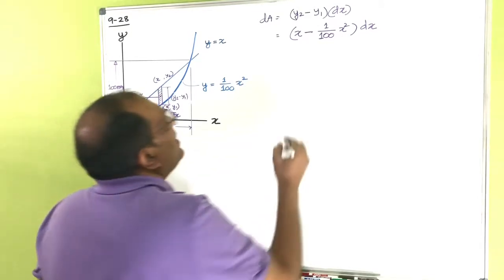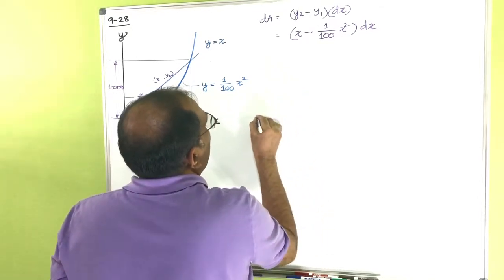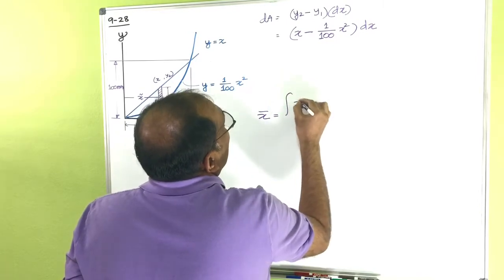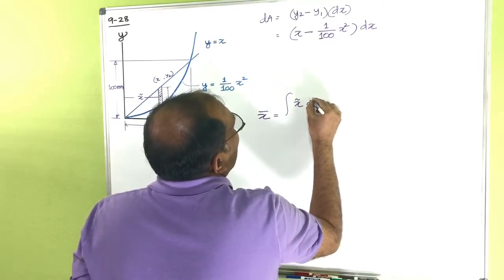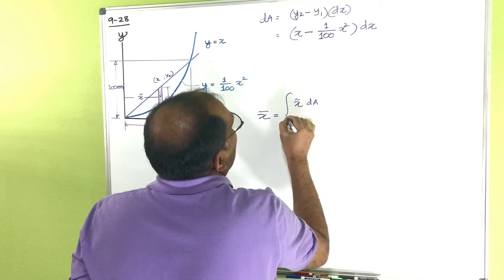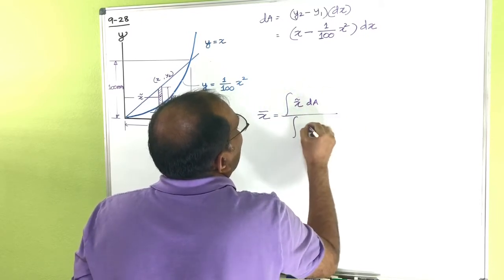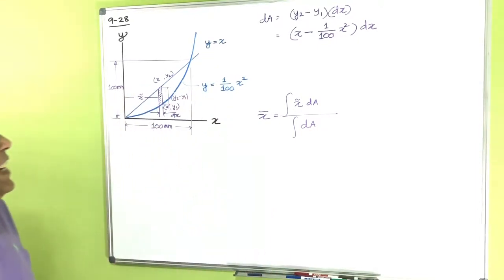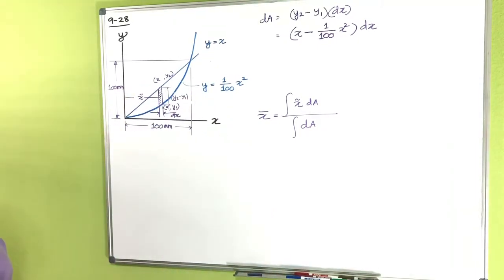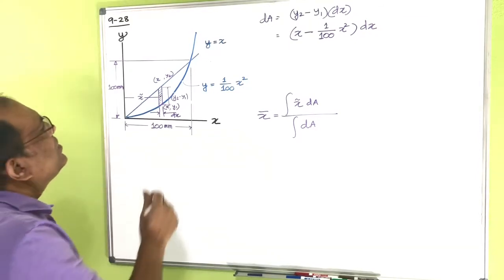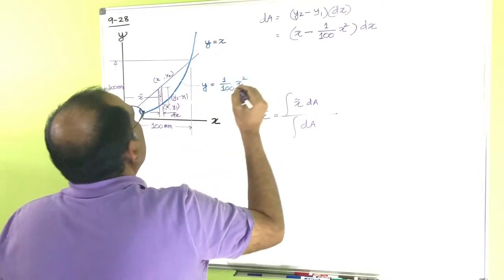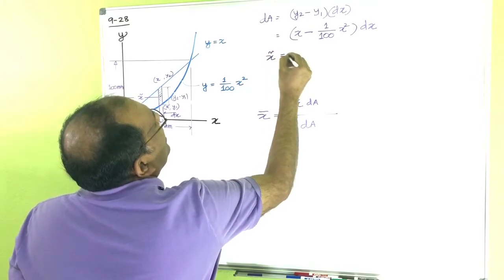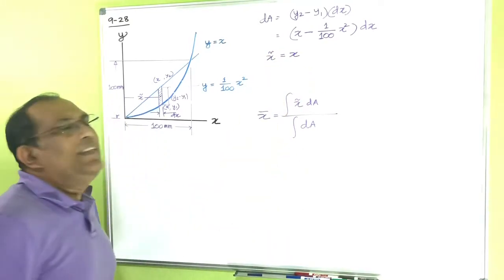Okay, now we know x bar is equal to the integration of x tilde dA divided by the integration of dA. Okay, so you can see here actually x tilde is actually x here, right?